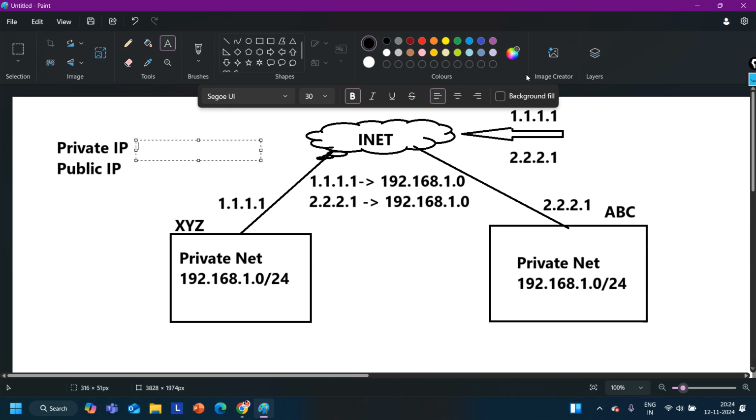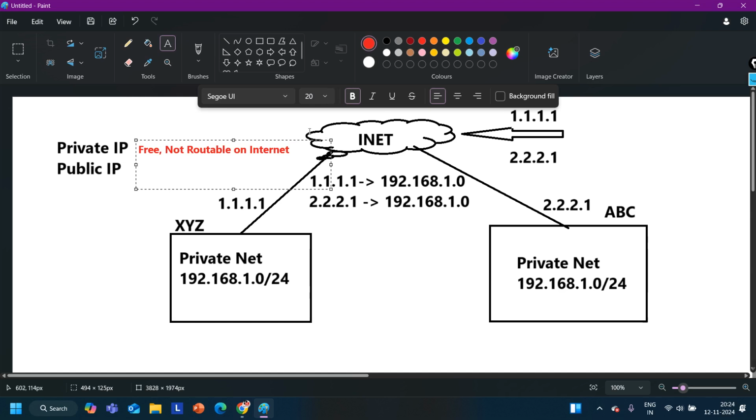So the private IP address, first thing, is free of cost, means anyone can use it, and anyone can use any such IP address. It is completely free, but not routable on the internet. You cannot reach the internet with the help of a private IP address, right?